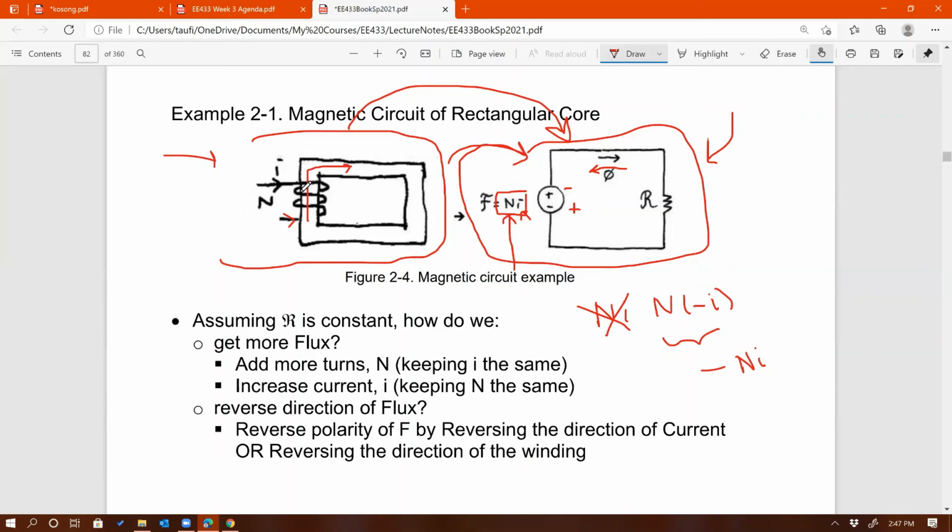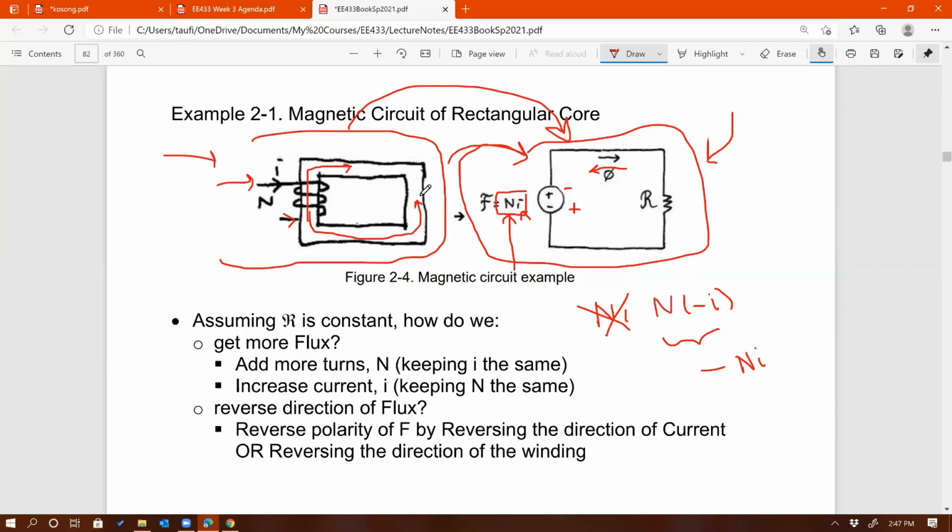So instead of out first and then in, I went in first and then out. Then, of course, by right-hand rule, the flux is going to go the other way around.